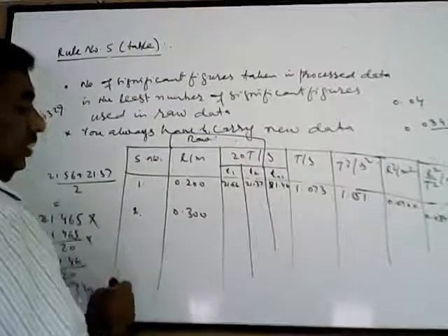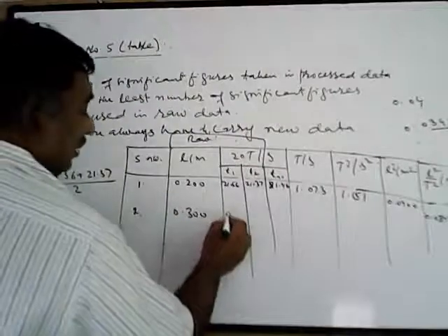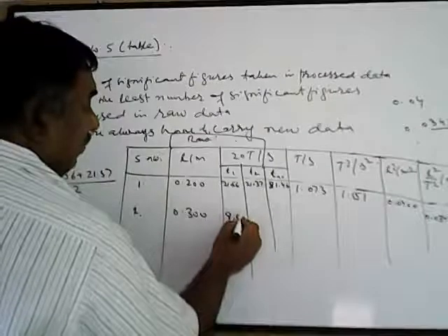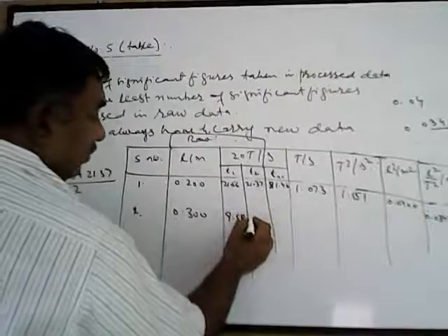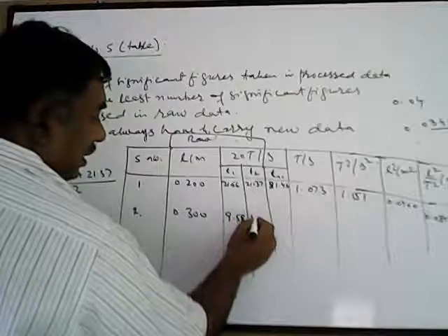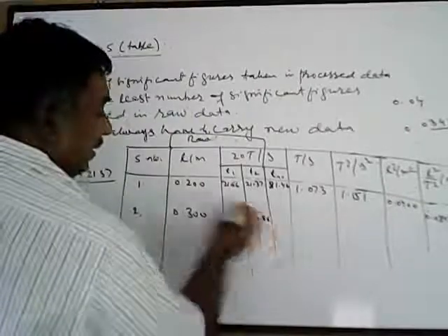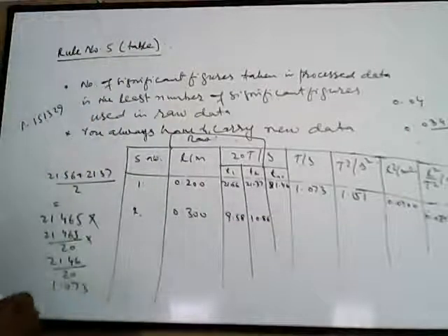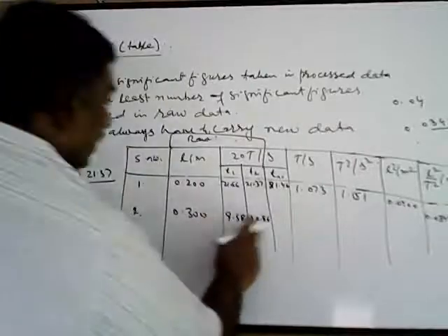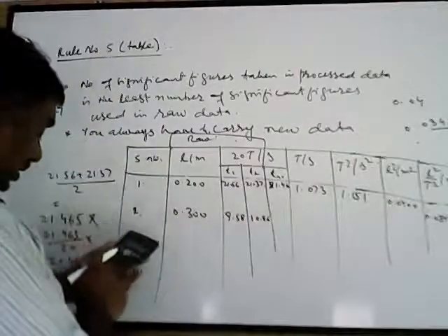Now it's okay. So again, see, suppose another value is here, 0.300, and suppose here 9.58, and this is suppose 10.86. How should I calculate this value? First of all, I'll take the average of these.